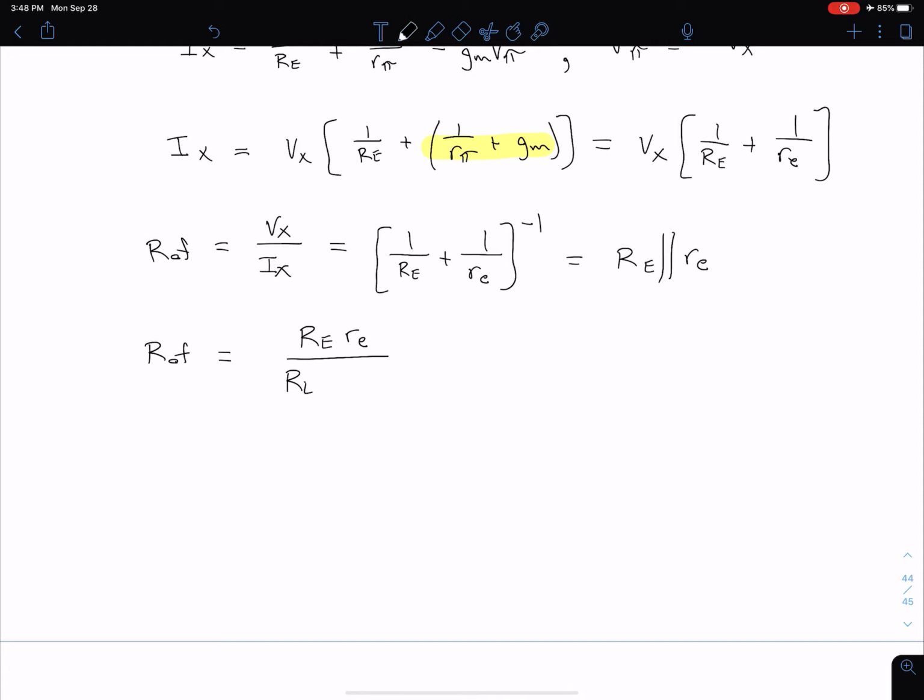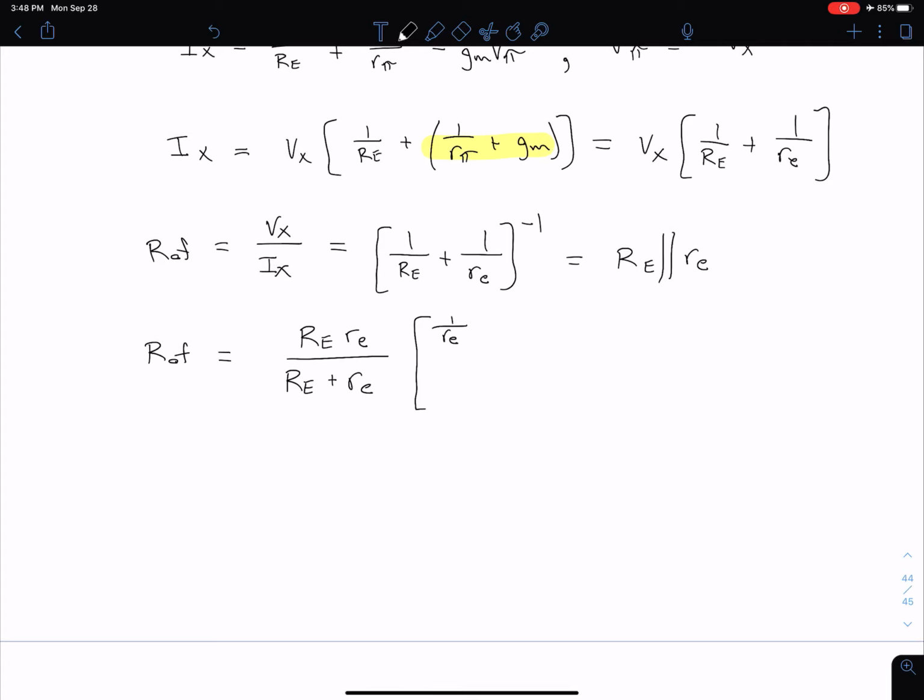So the sum of the two, so we get something that looks like that. Okay, so now playing some games to get it more familiar in terms of the form of our ideal, let's divide both our numerator and the denominator by r sub e.